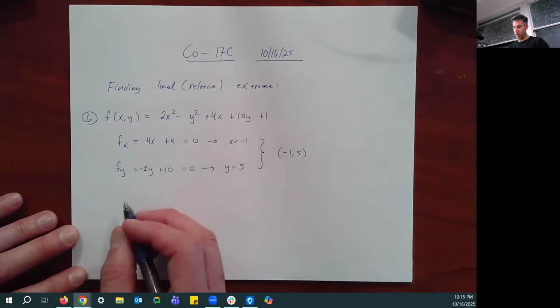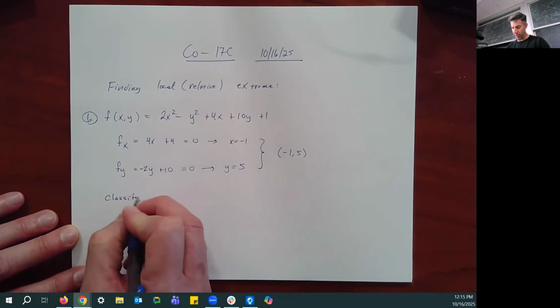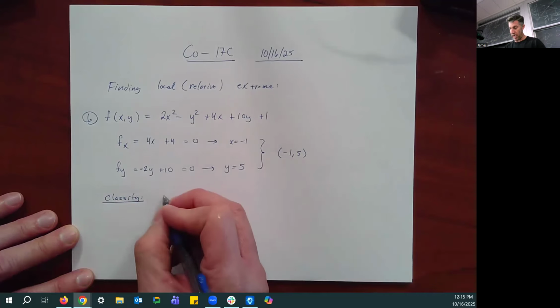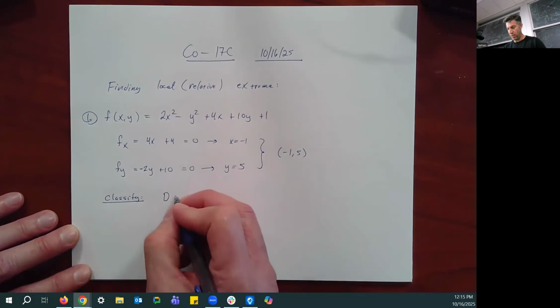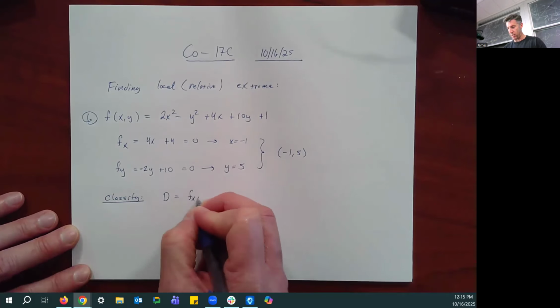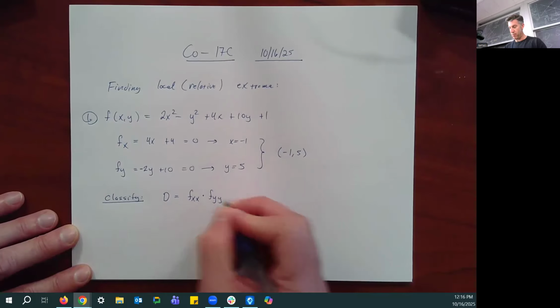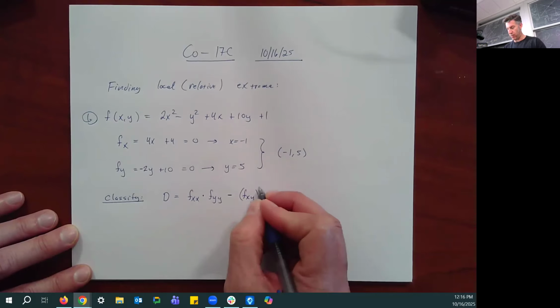So now we have to classify it, right, because we don't know if it's a maximum, a minimum, or a saddle. So we're going to calculate this capital D thing, this determinant of the Hessian, which is again your fxx, your second partial with respect to x, multiplied by your fyy, minus your mixed partial fxy, and that part is squared.